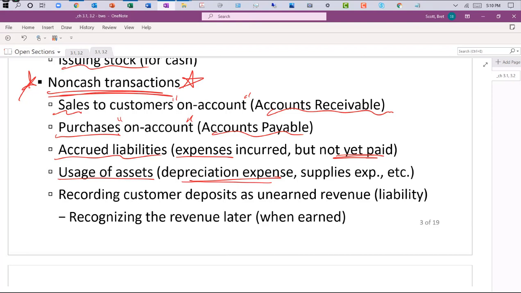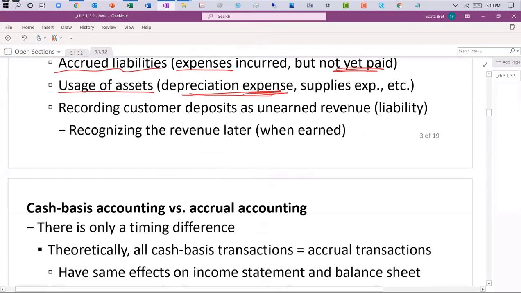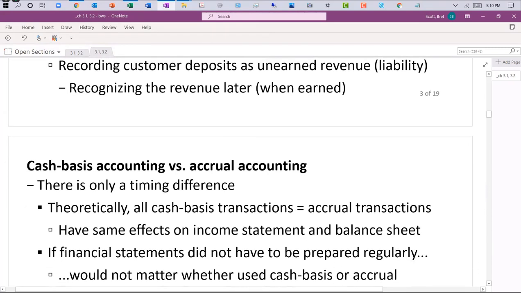Maybe we paid cash a year ago, 2 years ago, 3 years ago. That cash has already been spent. But the expense happens little by little over time. That's why non-cash transactions become so important to keep track of. We'll talk more about these as we go throughout the term, but you'll get the idea as we go through some of these examples shortly.